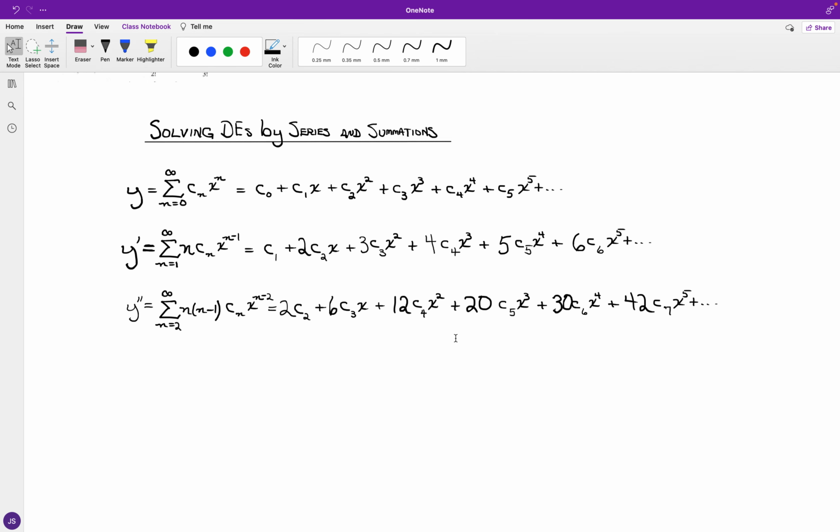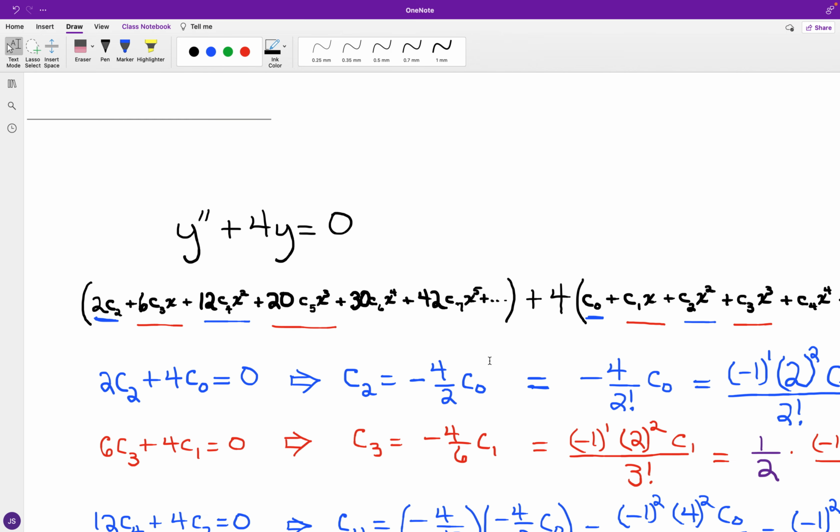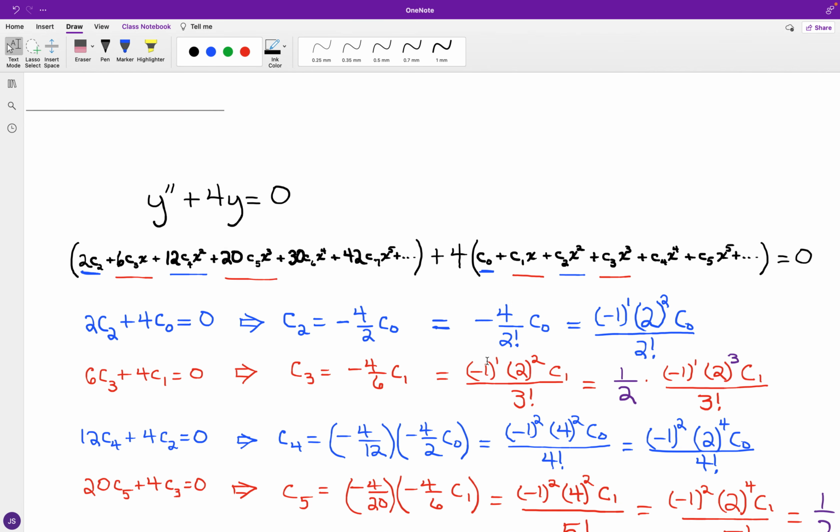Looking at second order differential equations, let's say we're solving for y where y double prime plus 4y is equal to 0, and I have the series laid out.